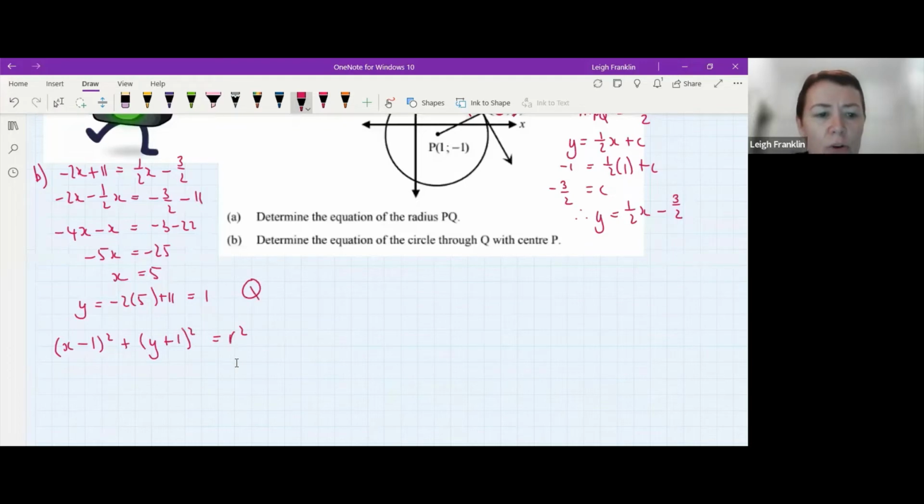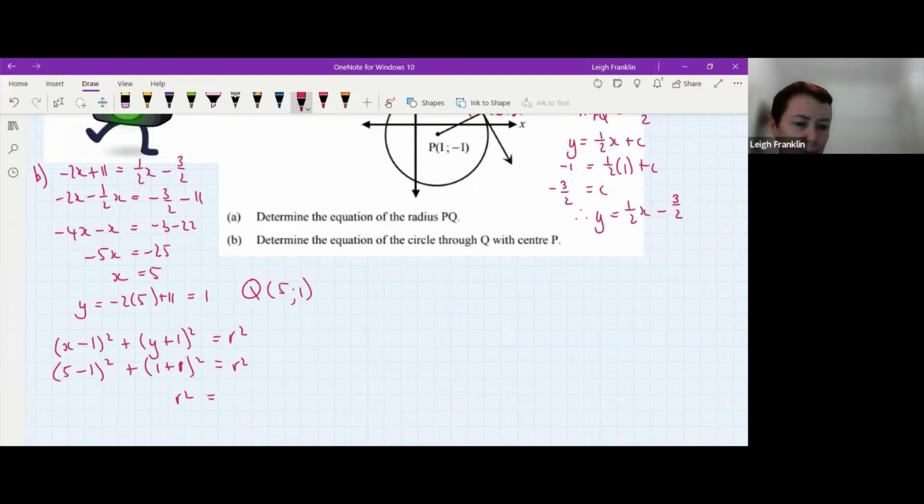And then I can use the coordinates of Q, 5 and 1, because this is a point that lies on the circle, and I can sub that in. So here I'm going to sub in the 5. Here I'm going to sub in the 1. Ooh, that's a 1, not an r. And that means that r squared is going to be 16 plus 4, which is 20.